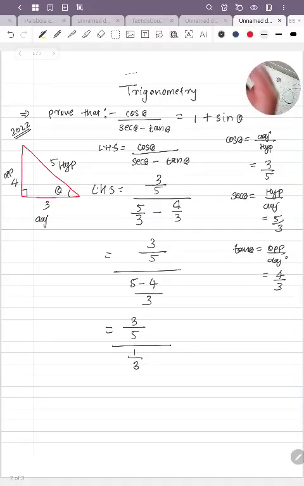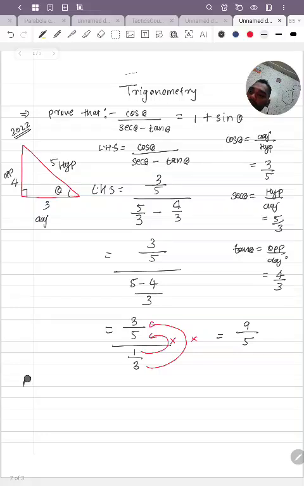Okay. After this, remember that this denominator will multiply into the numerator and this numerator will multiply into the denominator. So it becomes 3 3s are 9 over 5 1s are 5. That is your left hand side value.